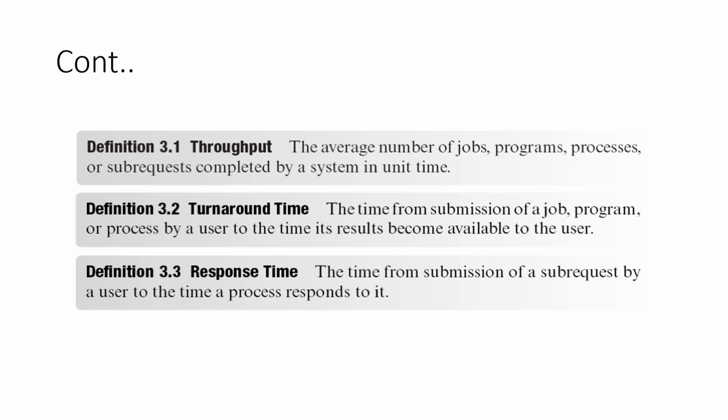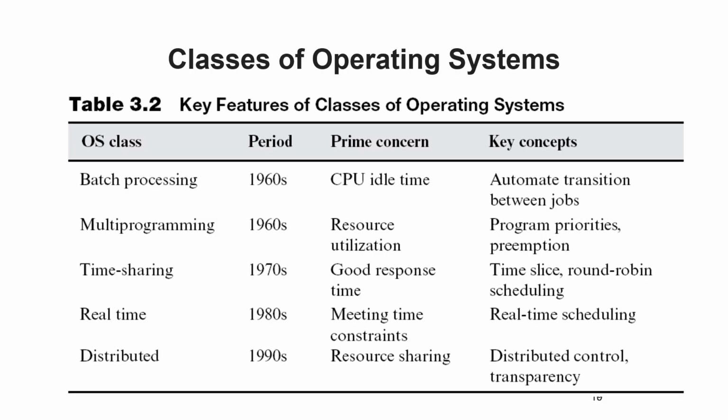Now the next, both classes of operating system, batch processing systems and multi-programming systems, were implemented in the year 1960. But the main concern of these multi-programming operating systems is resource utilization. And the key concepts used in multi-programming systems are program priorities and preemption.